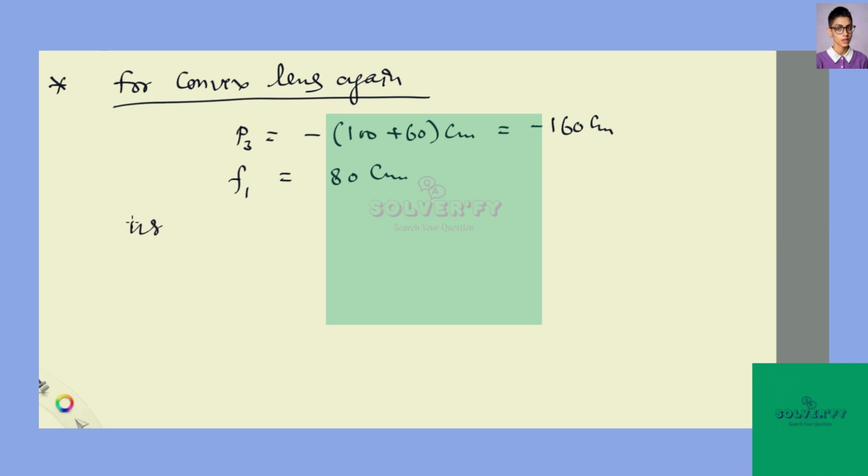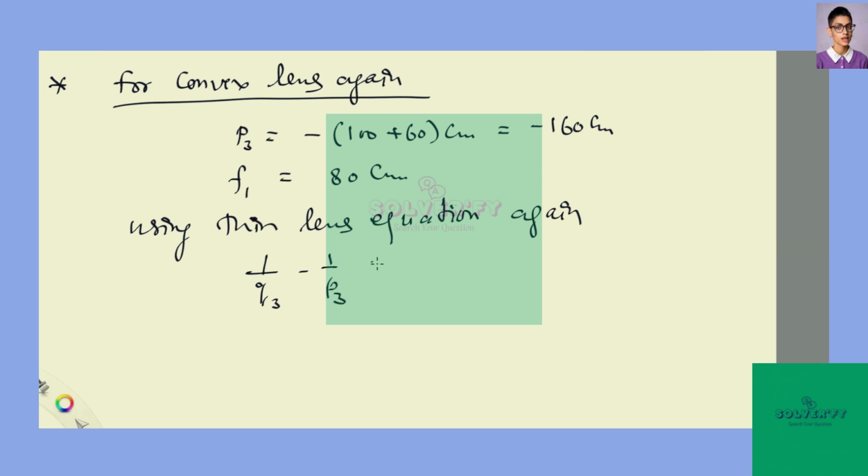So using the thin lens equation again, we get 1 by q3 minus 1 by p3 is equal to 1 by f1. Putting the values, 1 by q3 minus 1 by minus 160 centimeter equals 1 by 80.